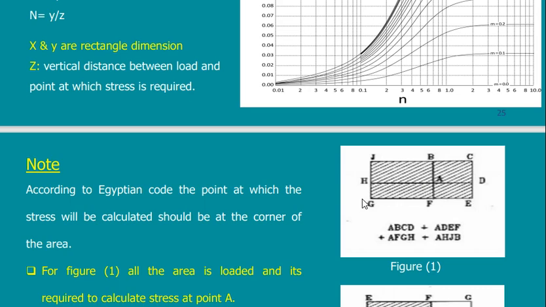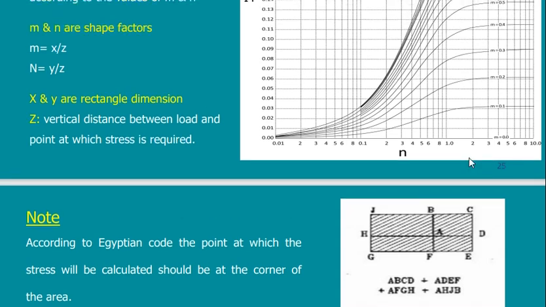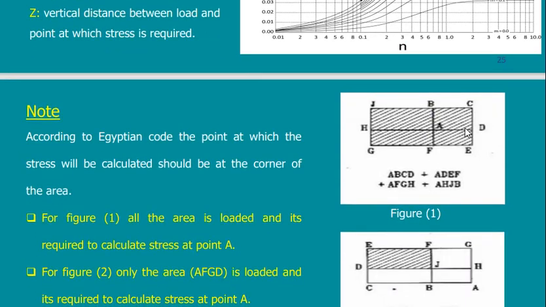So the summation of the stresses due to the 4 loaded areas will give me the cumulative stress for all of these loaded areas at the location. So instead of calculating the stress in the middle, I calculated the stress at the corner of this one, and this one, and this one, and so on. So it is easy. In this case, I will just add the results for 4 cases.